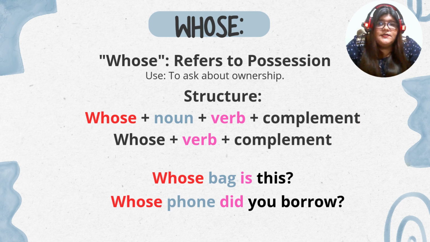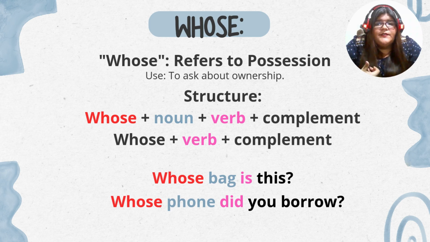Whose bag is this? Because you remember that this expresses when something belongs to you, right? Then we have whose plus the verb plus the complement. Whose phone did you borrow? And sometimes this can be a little bit tricky because if you observe, we have here whose phone did you borrow?